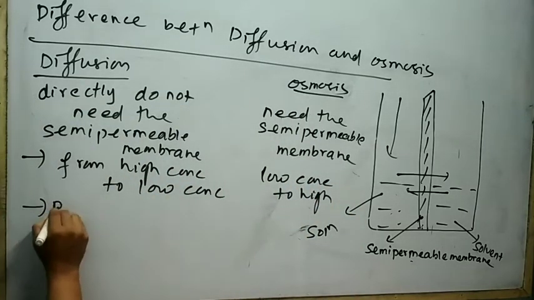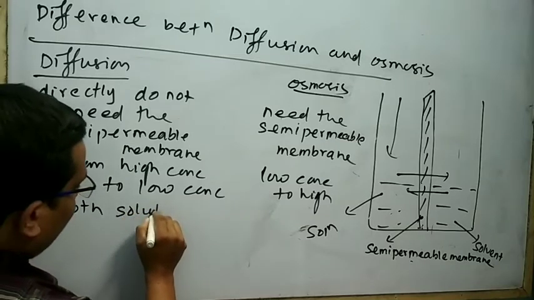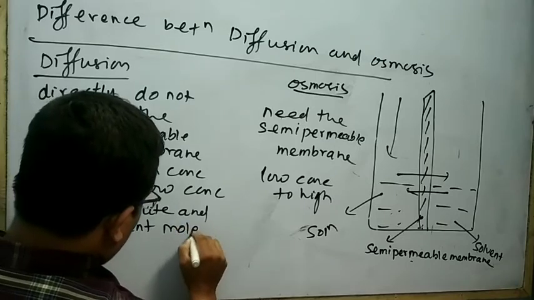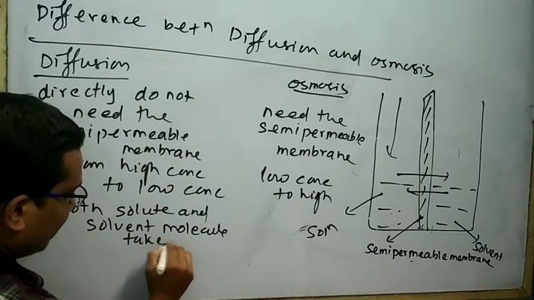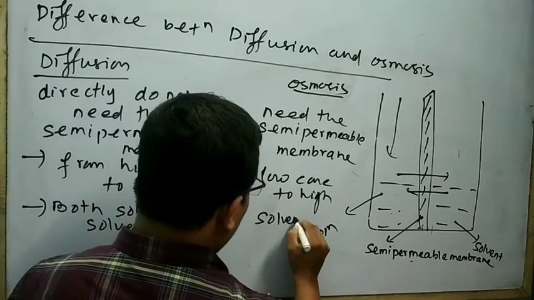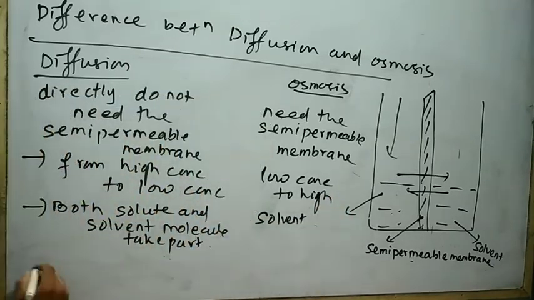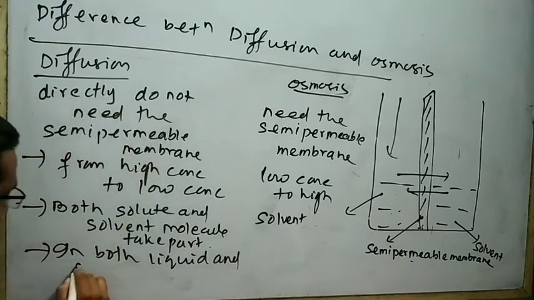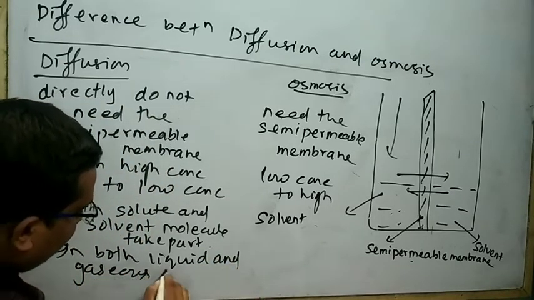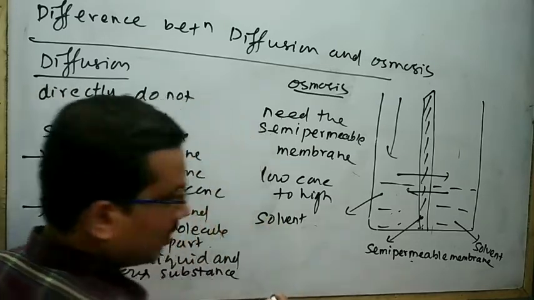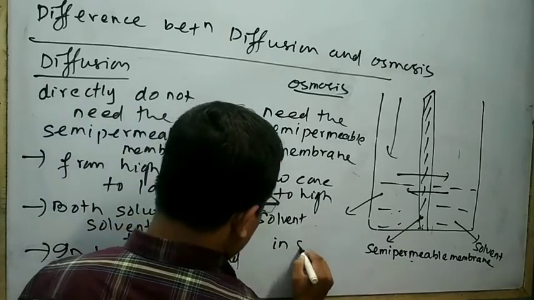In diffusion both solute and solvent molecules take part, but in osmosis only solvent molecules can take part. Diffusion is possible in both liquid and gaseous substances. But remember, osmosis is only possible in solution.